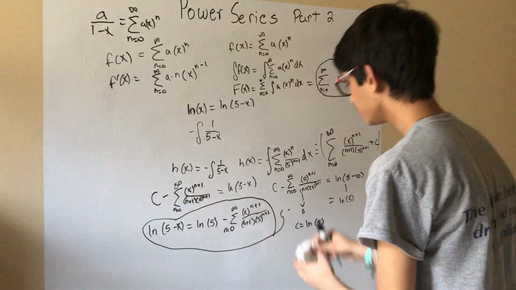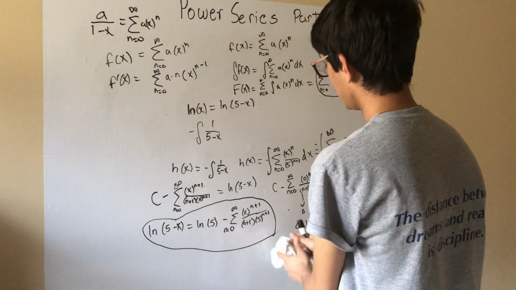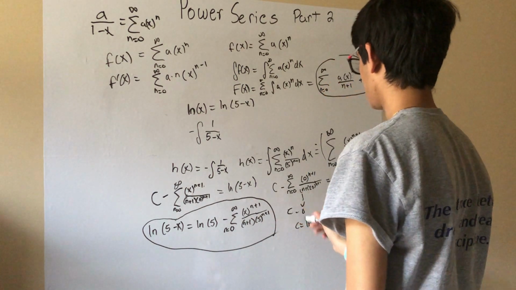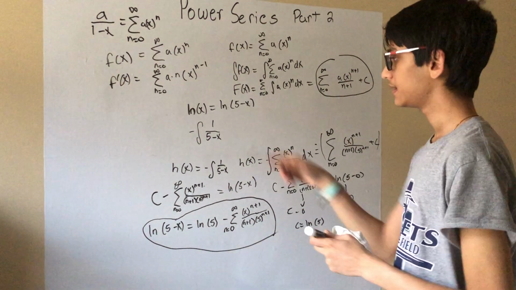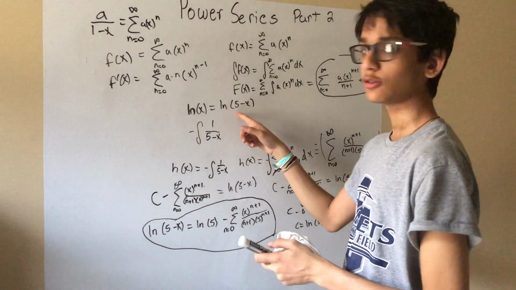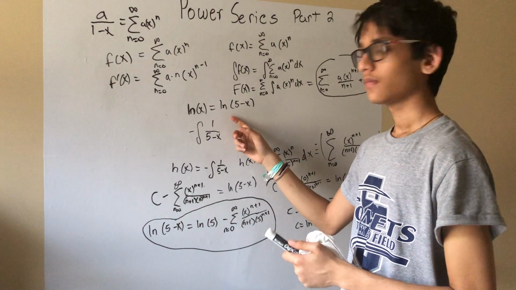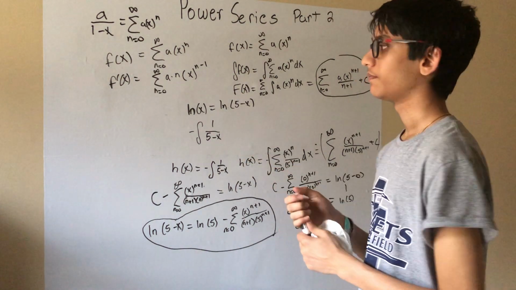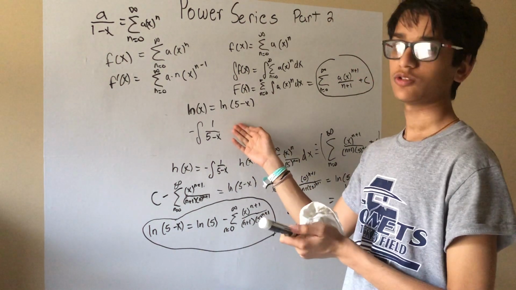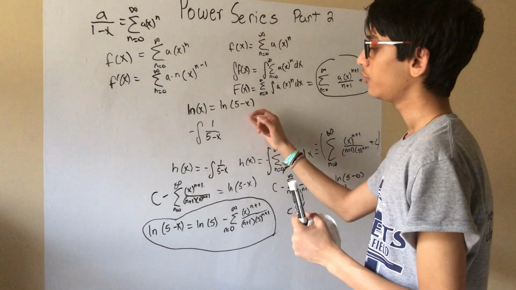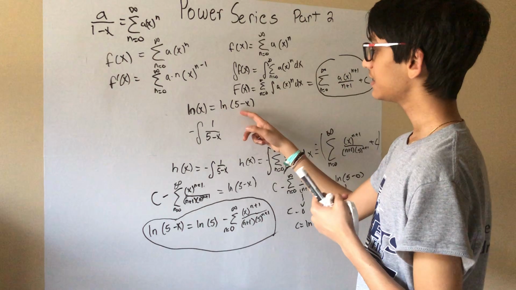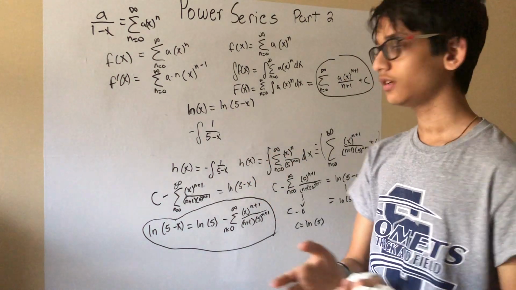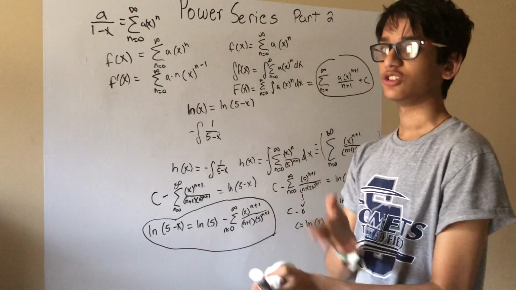So basically, as you can see, if you have a function like this that isn't easy to write as a power series, like, how are we supposed to be figuring this out from this? You can relate it to a different function that's either its derivative, or this is either that function's integral.